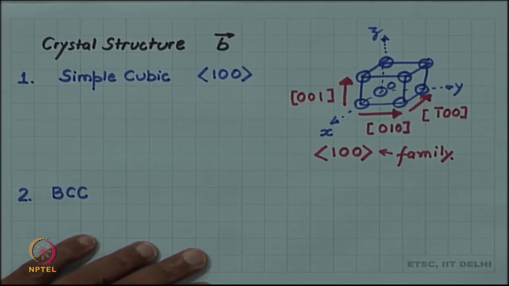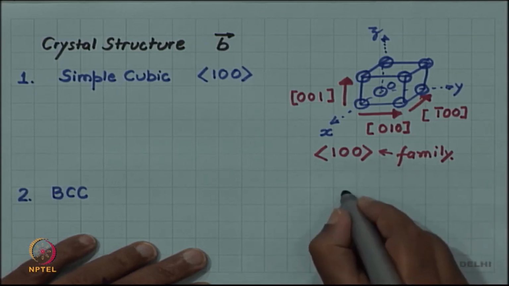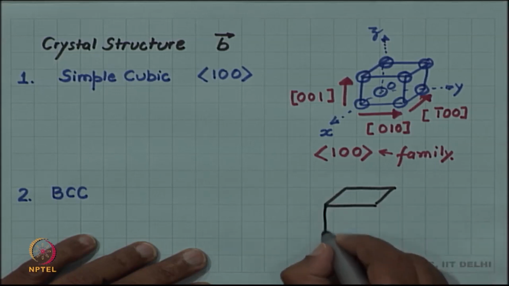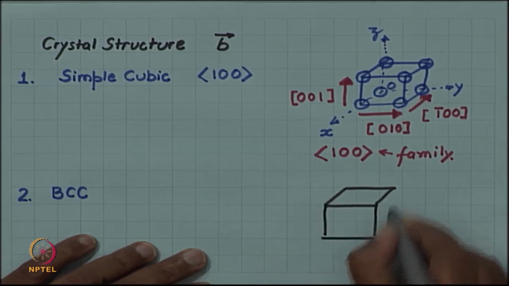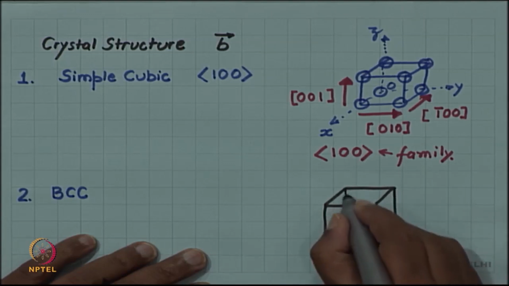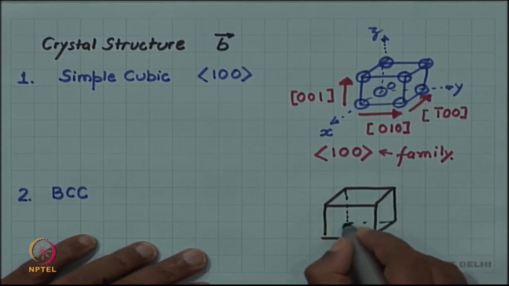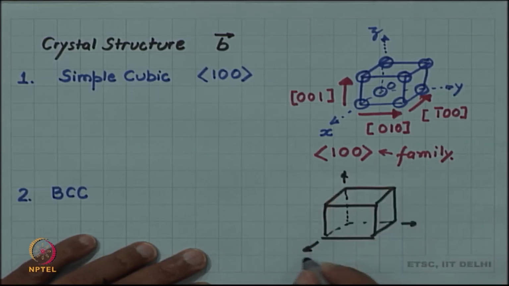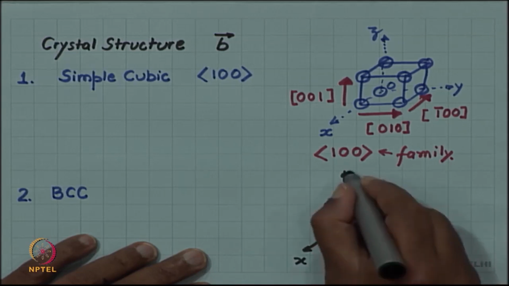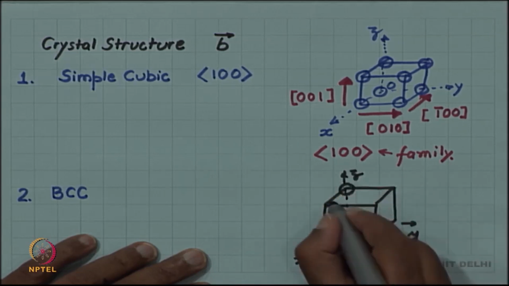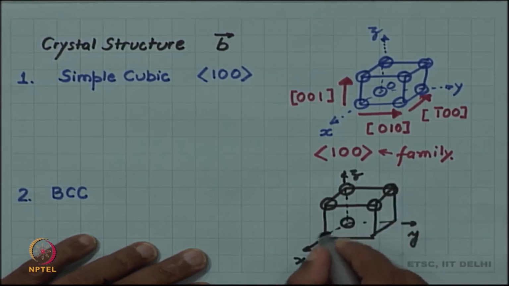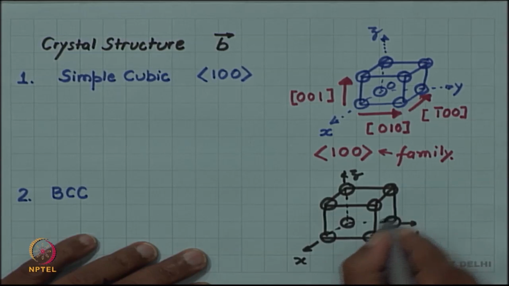So, in this we will have a cube, atoms sitting at the corners as well as one atom sitting at the body center.